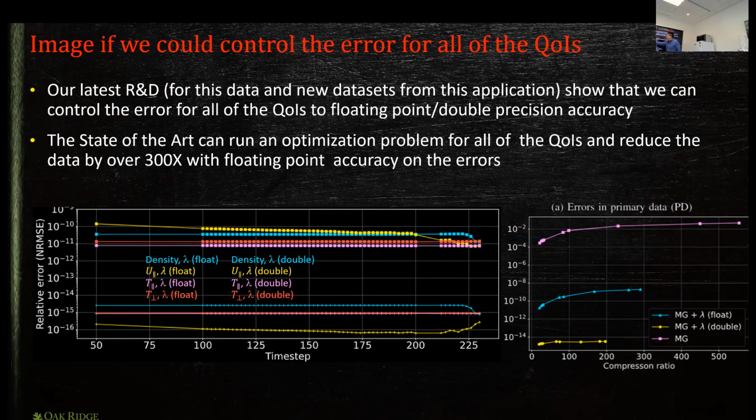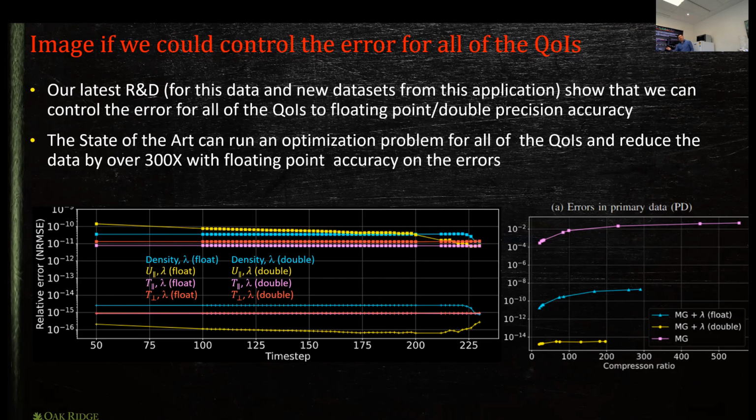And we can give you, according to this, less than 10 to the minus 9 errors in all the quantities of interest. This is just showing a few hundred time steps, but we can actually guarantee it for all the time steps. Again, I'll go through that a little bit. What we're showing here is that we can get a compression ratio, in this case, over 300.